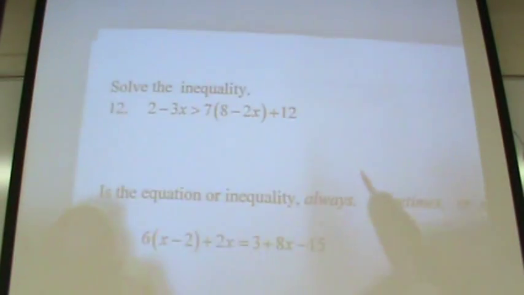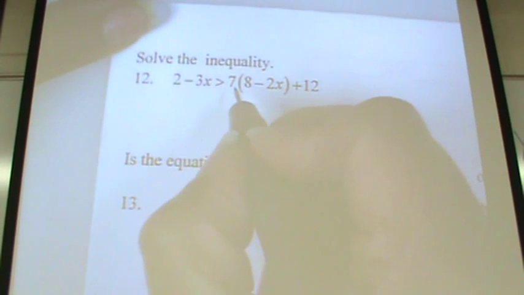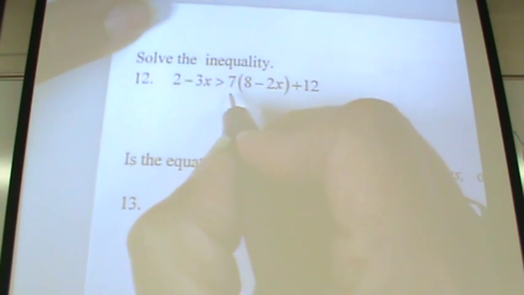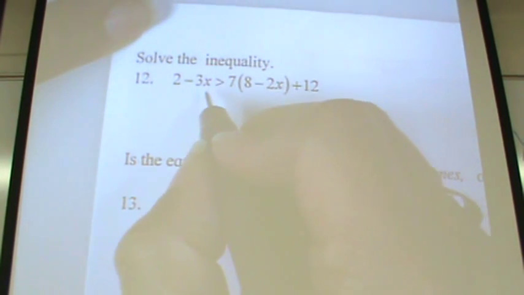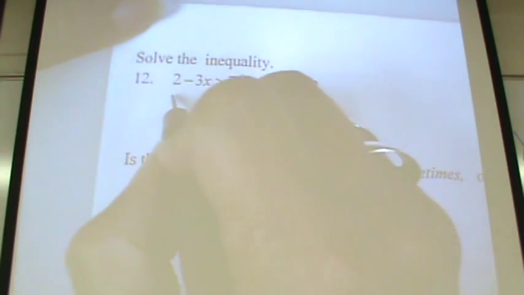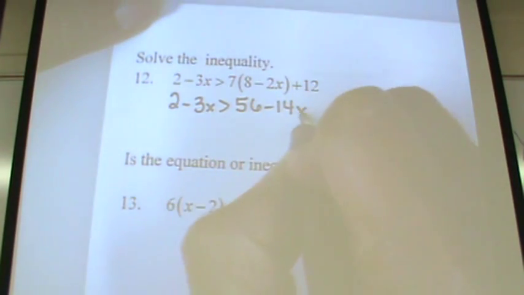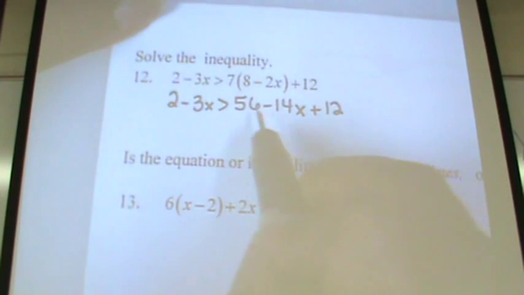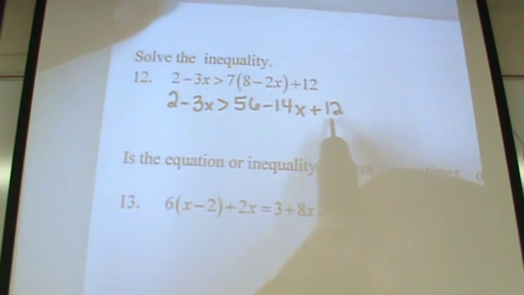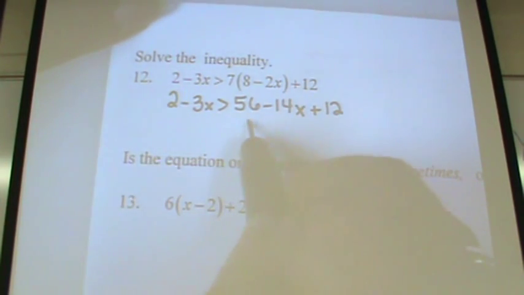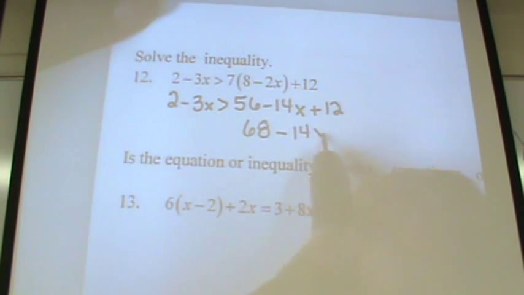How do you solve this inequality? Well, you're going to pretend like it's an equal to problem, but if at any point you have to divide by a negative, you flip the sign. So 2 minus 3x is greater than 56 minus 14x plus 12. On this side, 56 and 12 add up to be 68. And then minus 14x.